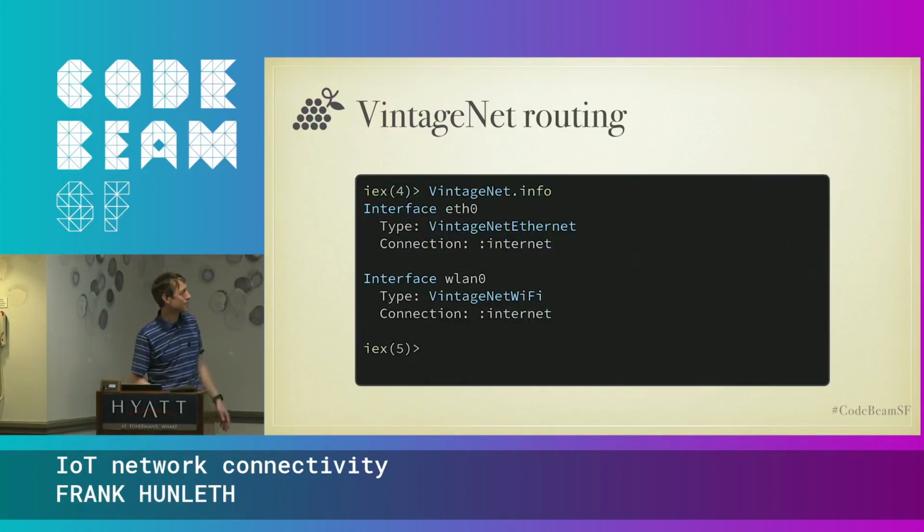If we look at the info, here are things that are monitored. You can see each connection is monitored with VintageNet, right? Is it on the LAN, or is the internet accessible? That's just by querying a website, or if the technology has some way of getting at it, it could go through that.